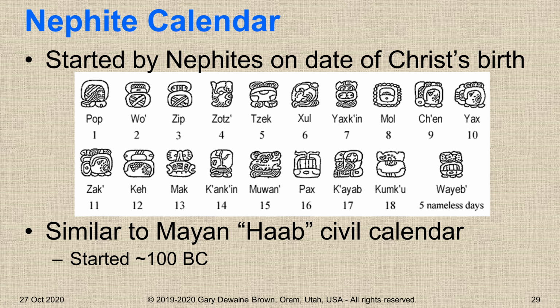Note the Mayan Hab calendar does not have years because Mayans used a different calendar, known as the long count calendar, to identify years. In fact, all Mayan records that specify a Hab calendar date always also specify its long count calendar date. Even though we do not know the particulars about the Nephite calendar's number and length of months, for the purpose of this presentation we will assume it used those of the Mayan Hab calendar, so we can show a month name and day of month number.